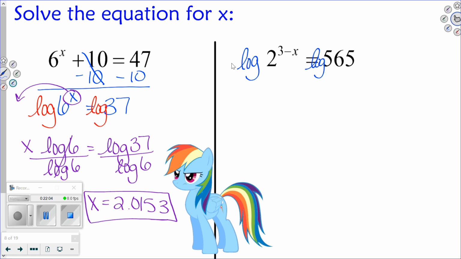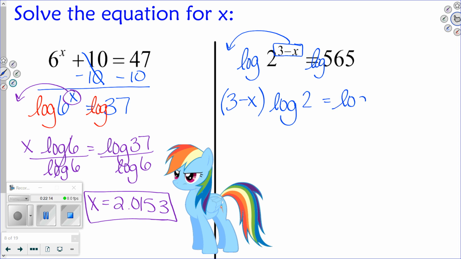It allows me to take this exponent and move it out in front. Now, what do you notice I did that you may not have done? That's in parentheses, because that is one whole big piece. It's one big group.